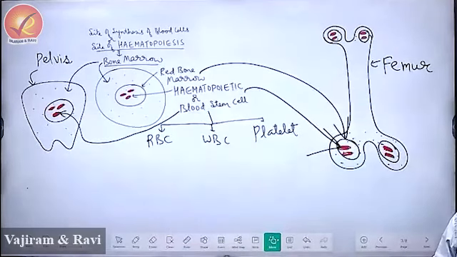So now we can see the site of synthesis of blood cells or site of hematopoiesis.